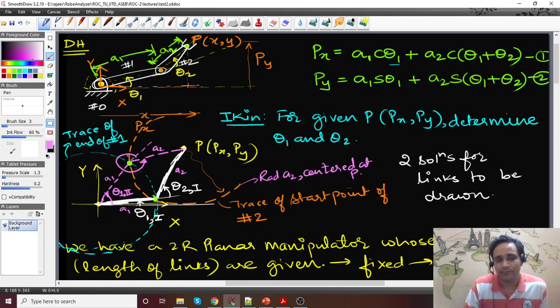Please remember, this is very important. I can't just rotate from here. We'll have to extend the line, and then from there we have to take counterclockwise, CCW, or anti-clockwise. The angle we have here will be theta 2, second solution.